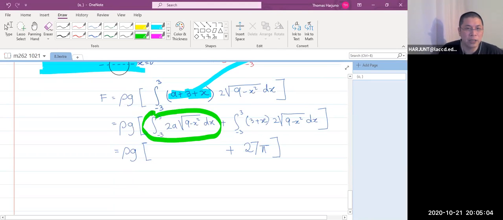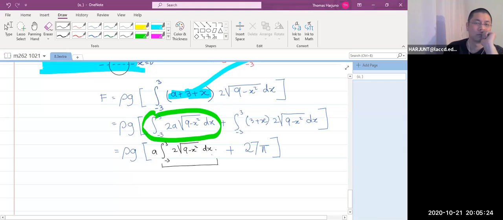Notice I can factor the a out. Right? And what is this here? That's the area of the circle.